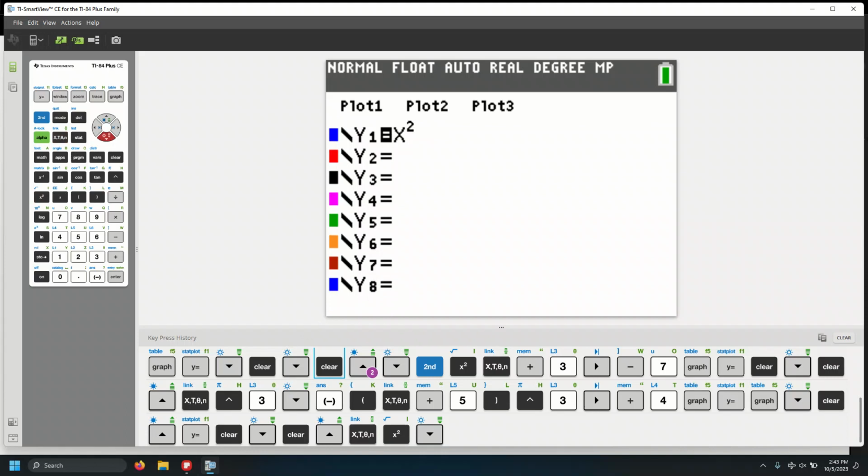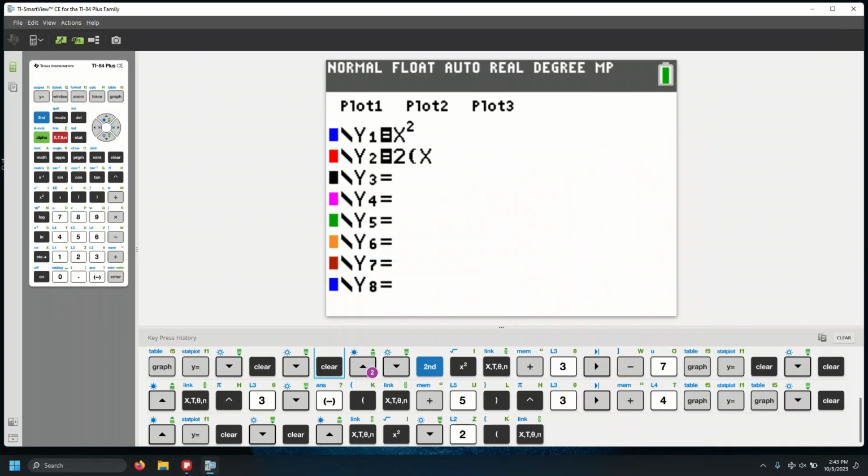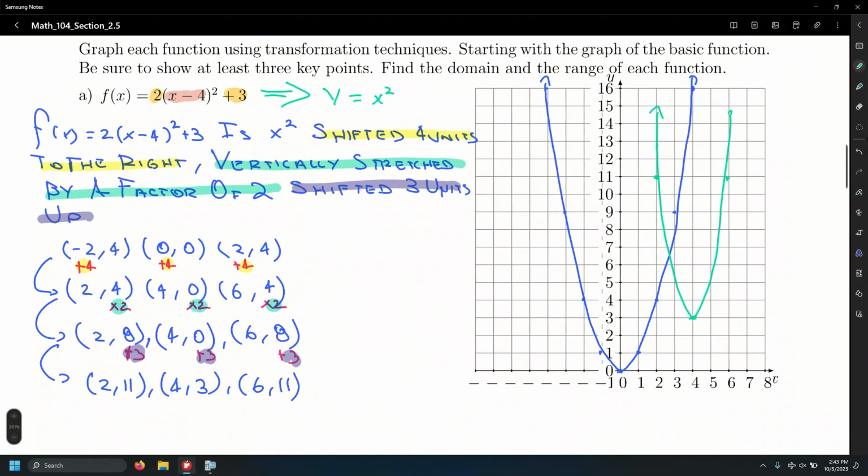And what else? How about 2 parentheses x minus 4, quantity squared, and then plus 3.